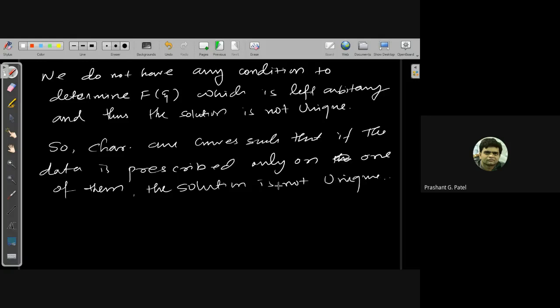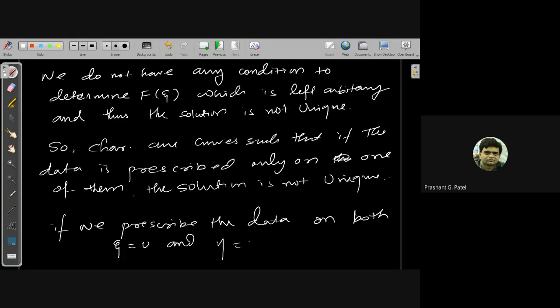That is the conclusion we can make. However, if we prescribe the data on both xi equal to 0 and eta equal to 0, the solution is unique.